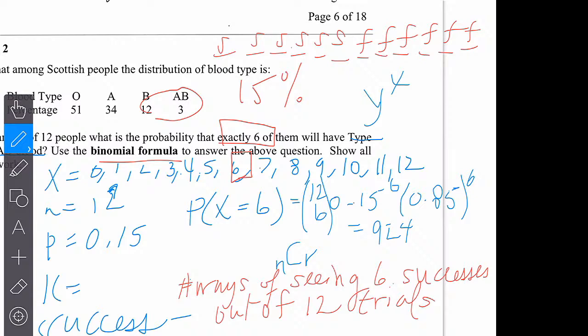Oh, sorry about that. Okay, so all I'm doing is multiplying this.